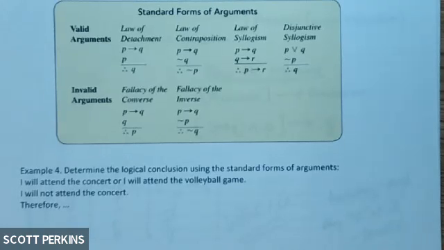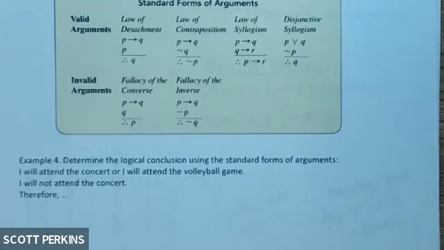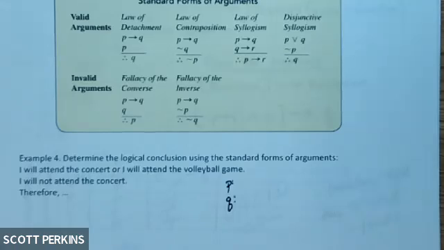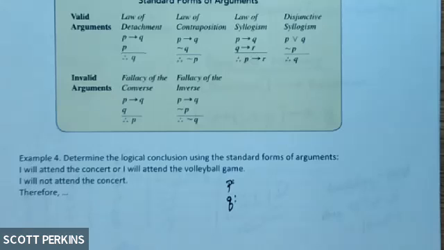What I'm going to do is start out the way we started last time. I'm going to define my simple statements, writing them down in the order that I encounter them. I have no secret magic here for you. You won't get the problem wrong if you define the simple statements in a different order than I do, so don't worry.